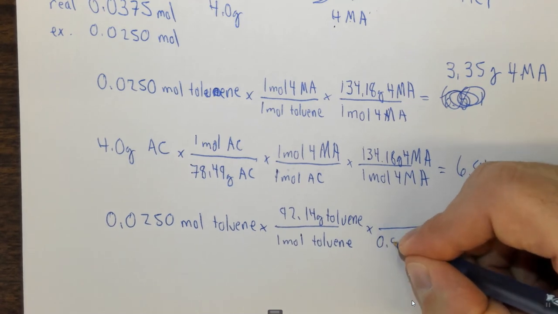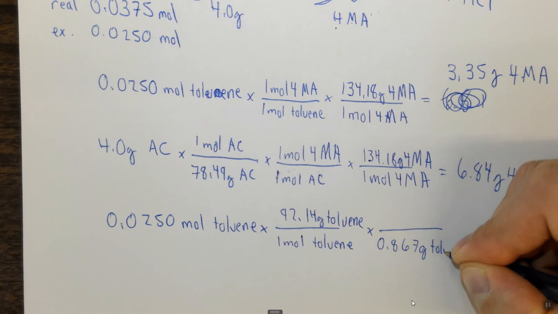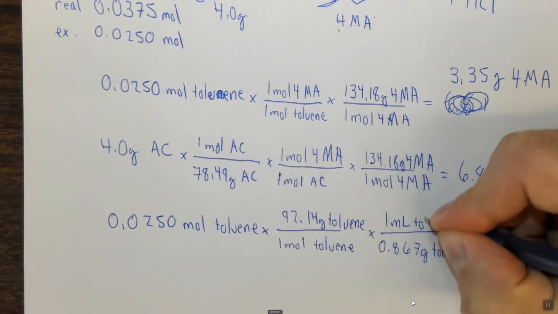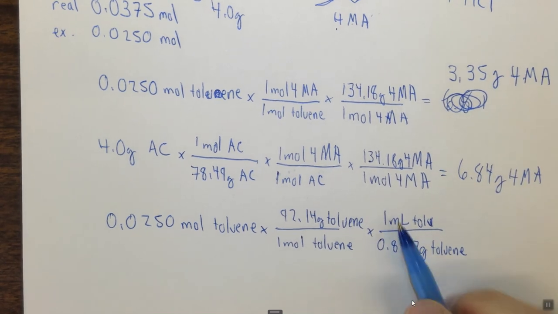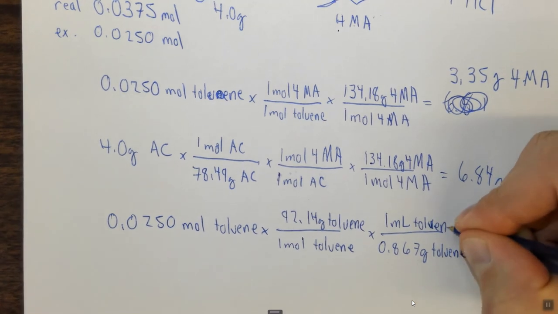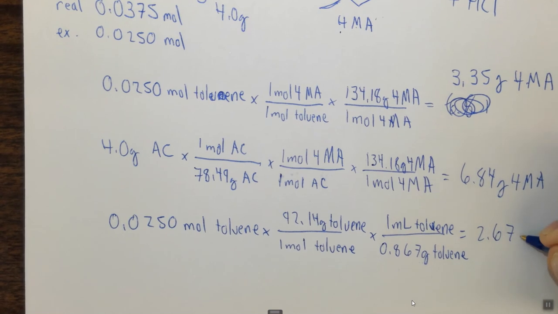So there are 0.867 grams of toluene in 1 milliliter of toluene. Said another way, the density of toluene is 0.867 grams per milliliter, but we need grams on the bottom because we want grams to cancel out. So now we can figure out how much toluene we should measure out, which for my example is 2.67 milliliters.